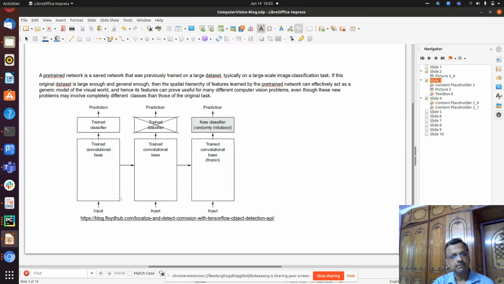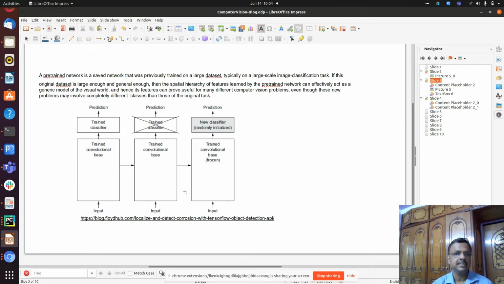We use the weights of that model, but the fully connected layer on top of the convolutional base, we take that off and slide in our own new fully connected layers and train only those fully connected layers for the task at hand. So this is what we know as transfer learning. There are different ways of transfer learning, which are discussed in the book Deep Learning with Python by Francois Chollet, who is the originator of the Keras framework, and one can read that up. This is just a basic idea of transfer learning.